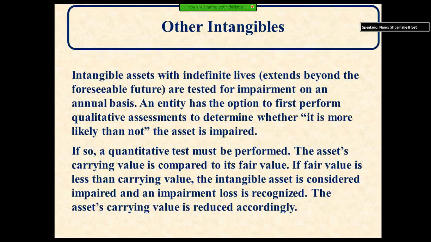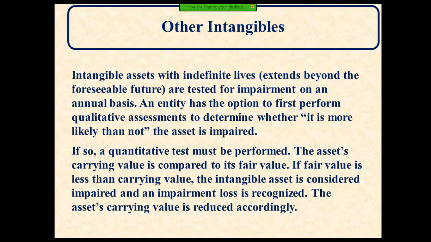Intangibles with indefinite lives, such as Goodwill, get tested for impairment annually. Now, they can do a qualitative assessment, as we saw, to see if they can determine whether this asset's impaired.